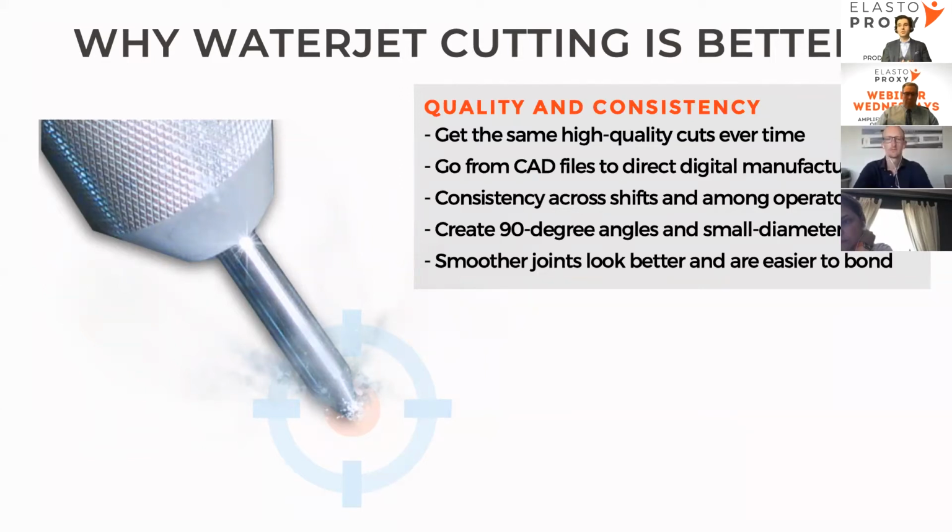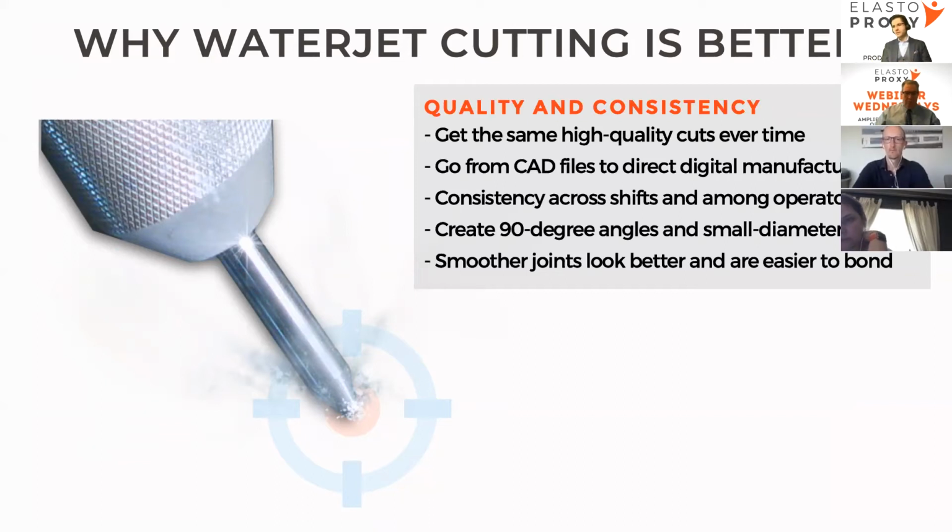It's the machine that does the work, not the employee. So we can have different people on the machine. It doesn't matter. It's the machine that does the cut. So you'll know that if your drawing is good and properly detailed, your output will be spot on with almost no errors on that part whatsoever.